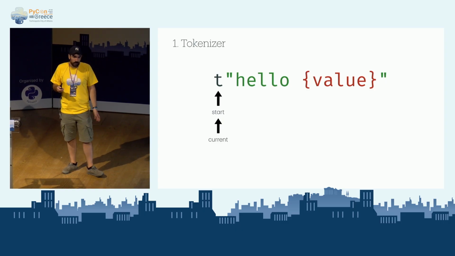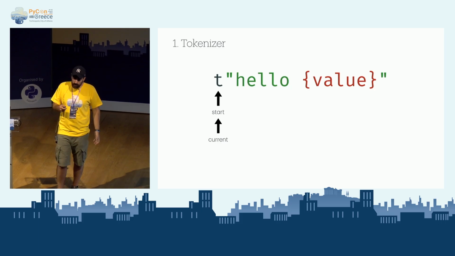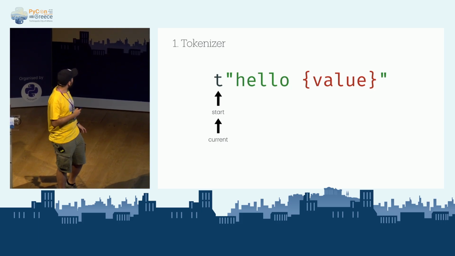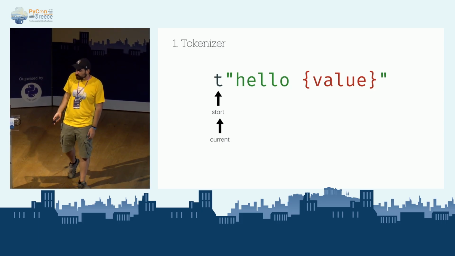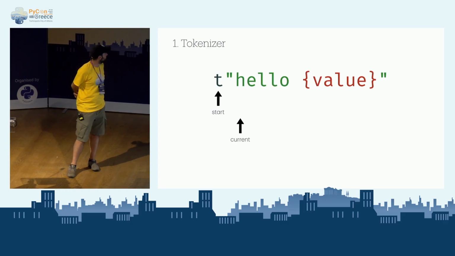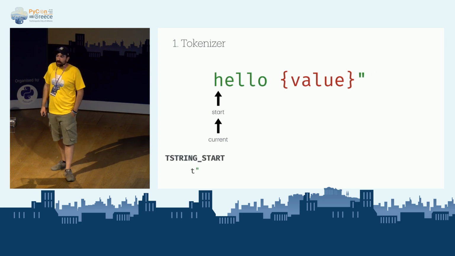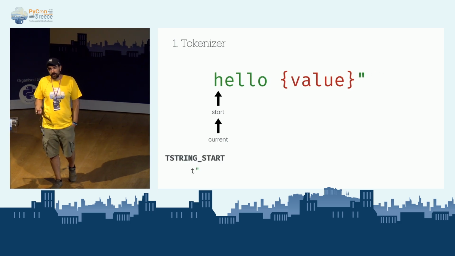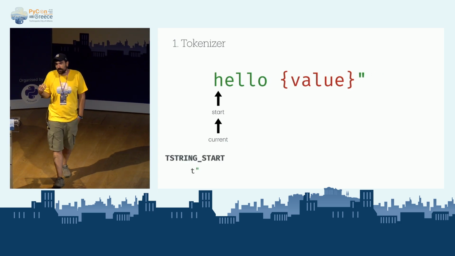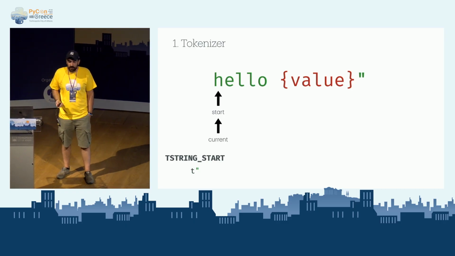So, for example, here we have 2 pointers: the start of the token and the current character, and the current character goes forward, and then the tokenizer sees that there's a new token called t-string start.